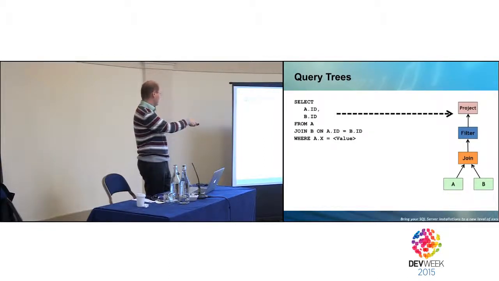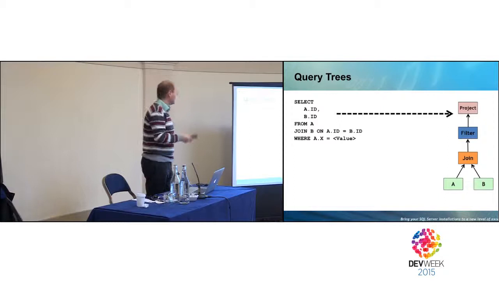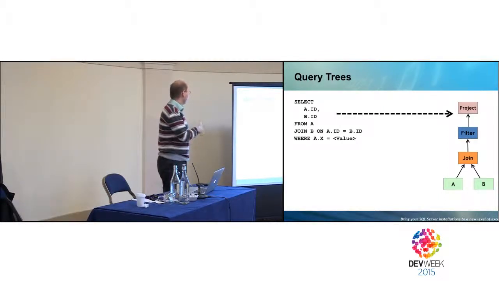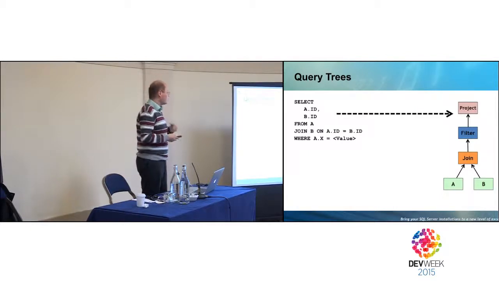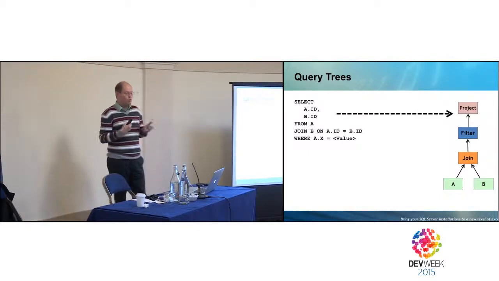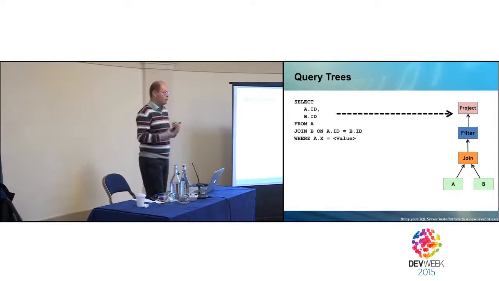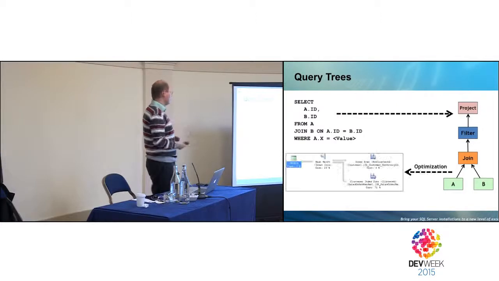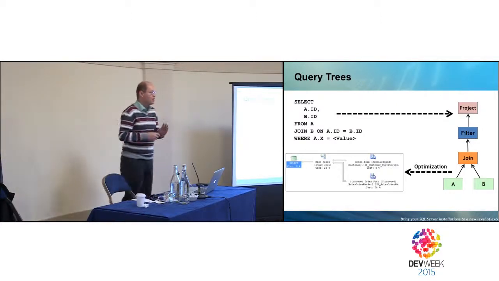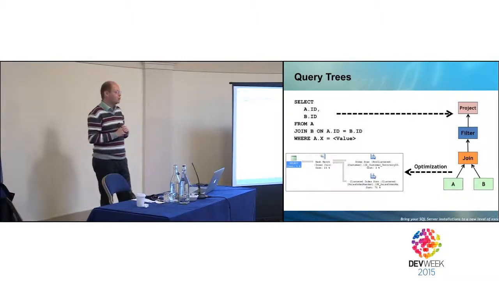As you can see, we have a join between table A and B, and we have a filter where we eliminate some non-qualifying rows, and finally we make a so-called projection where we just select specific columns from both tables. That query tree is handed over to the query optimizer, and the query optimizer finally generates our physical execution plan, and that execution plan is finally executed.